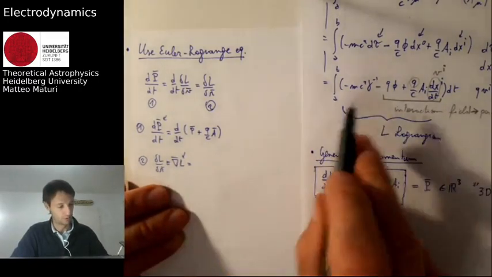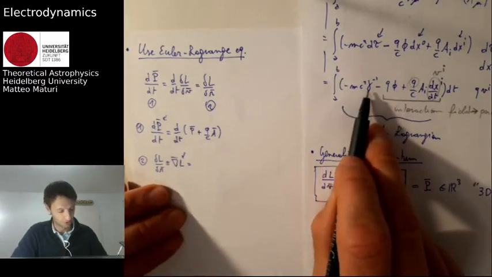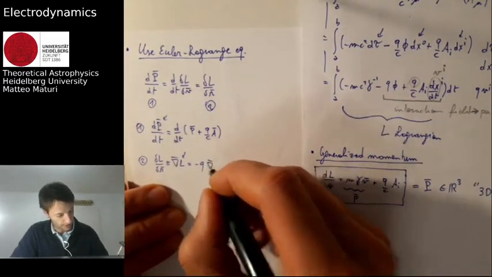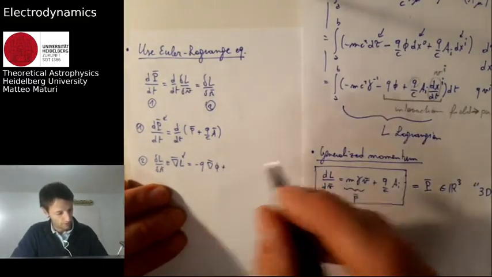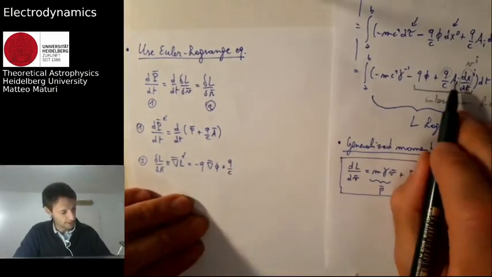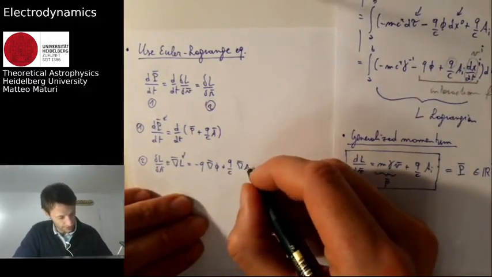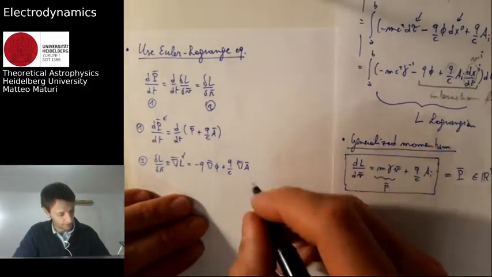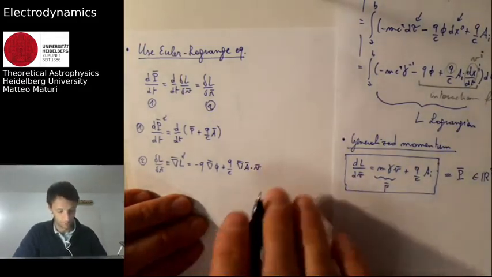You see, the derivative with respect to the position here is a constant, and this one depends on the velocity. There is no position, this drops. But we have this guy here, so we have minus q, and now we have the gradient of phi that, yes, depends on the position. Then we have plus q divided by c. Then this one depends on the position, therefore we have the gradient of A times the velocity, times the velocity. Okay, perfect.